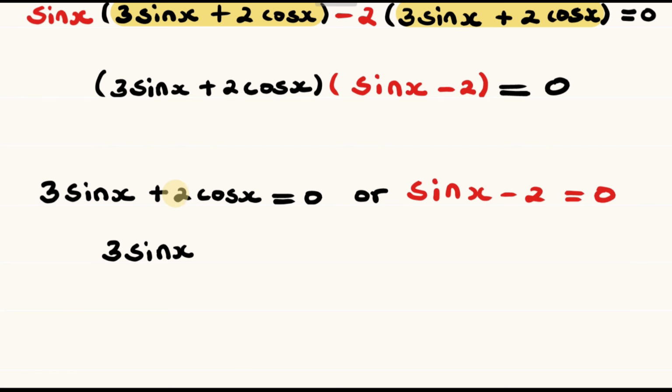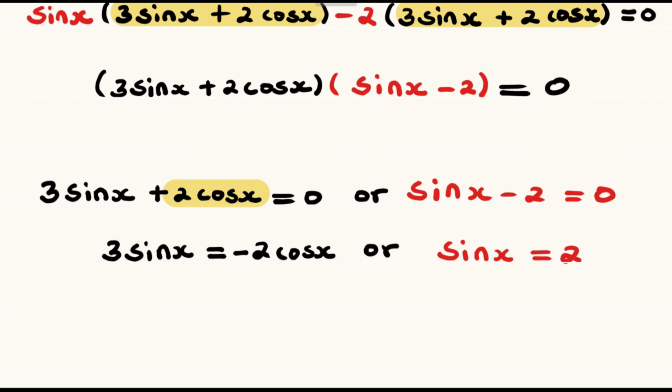We move the 2 cos x to the right, it will change sign to negative 2 cos x, and on the other side we have the sin x. We move the negative 2 to the right, it will change sign to positive 2. So we have the sin x is equals to 2.